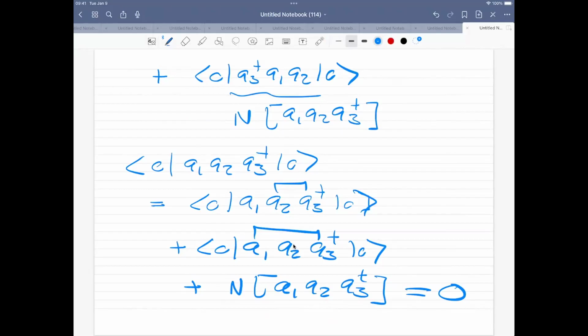Now, you could try with 2 creation operators and 1 annihilation operator, and you would get 0. You can see that quickly. If you have 3 annihilation operators, this is automatically 0. If you have 3 creation operators, that is also 0 because you are creating 3 particles.